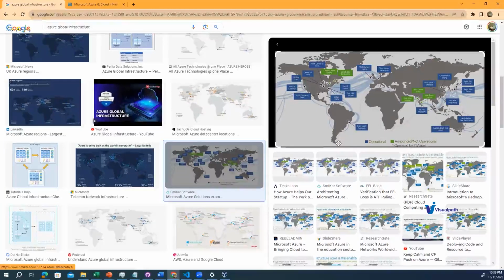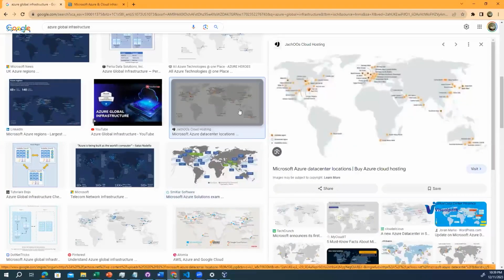Across the world, you have your geographies. Within those geographies, you have the regions, and within the regions, you have the availability zones. We'll be seeing that. That means that the presence of Azure is felt everywhere.